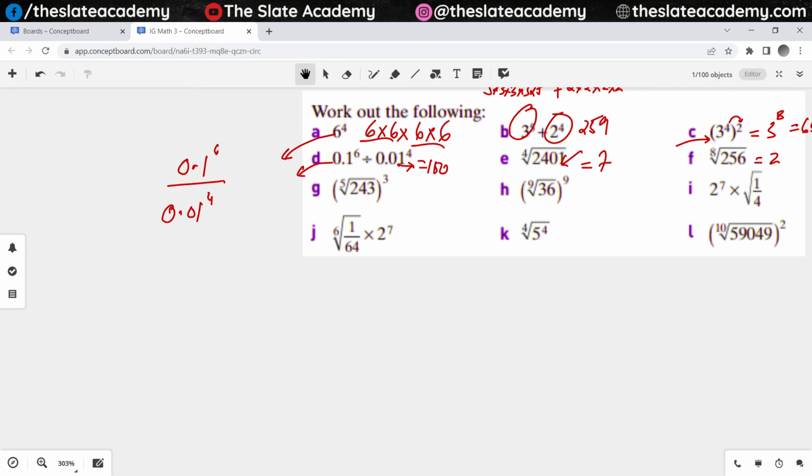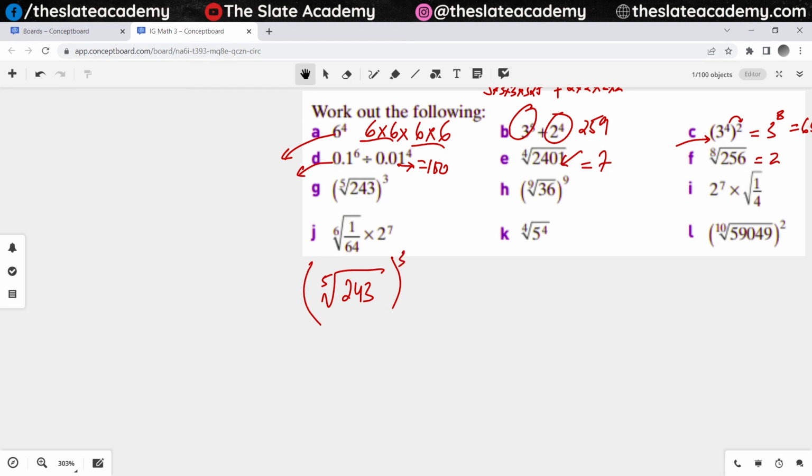Acha ji. For the next one, 256. Acha ji, 243. So first you find the root 5 of 243 and then you cube it.